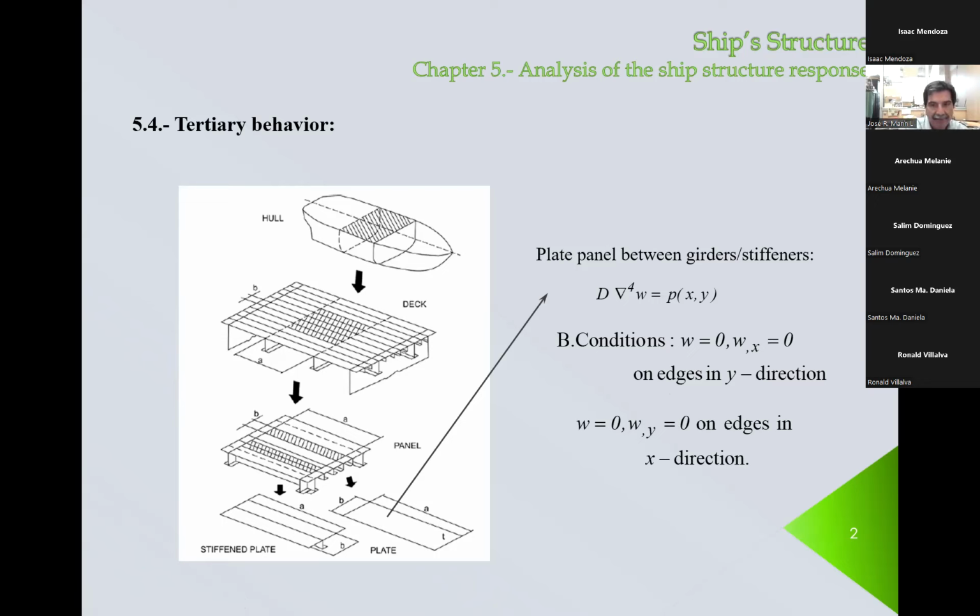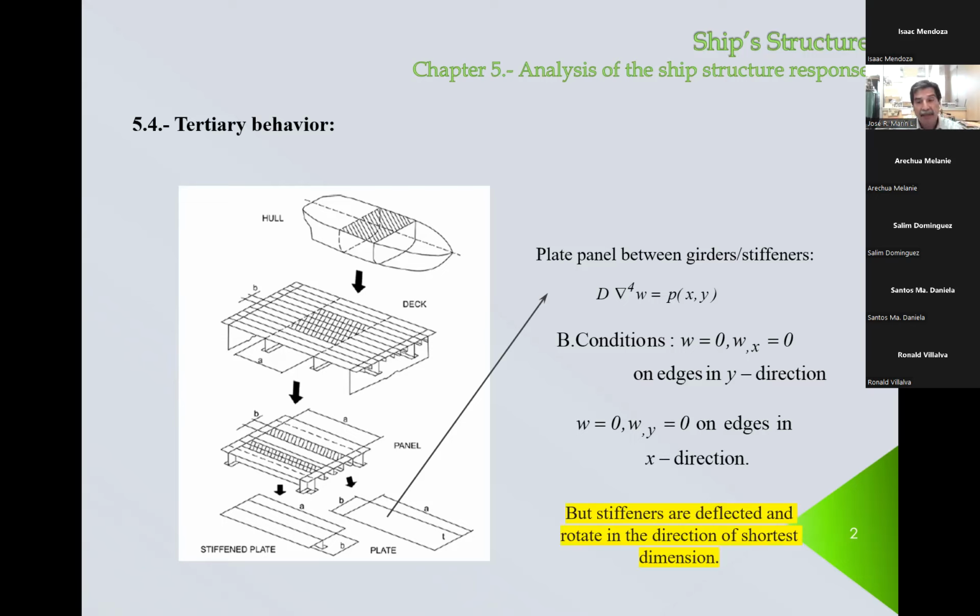The problem with that is that we have to accept that the stiffeners deflect and also that the stiffeners rotate. That means that the clamped boundary conditions for the edges of the plate are not completely correct.